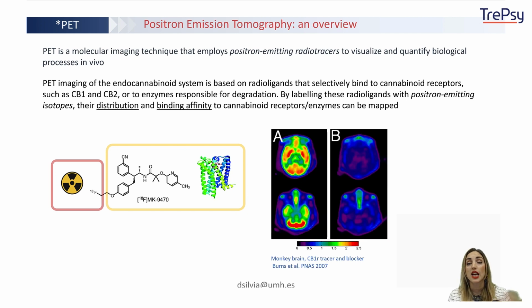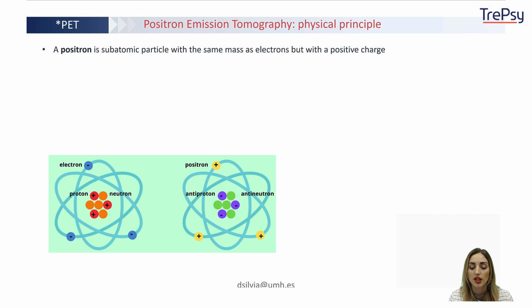This emission is what is captured by the PET camera, and by capturing this, we can access the distribution and binding affinity of the target of interest. This is an example of one of the very first PET images of the cannabinoid receptor 1, with the tracer in panel A and a blocker in panel B, in a monkey brain.